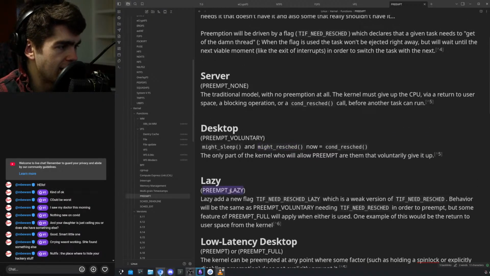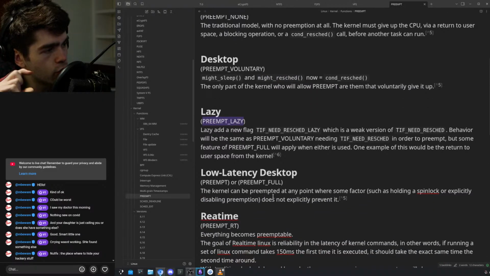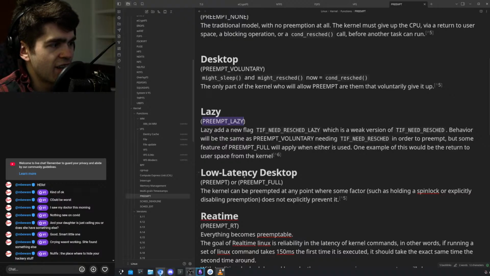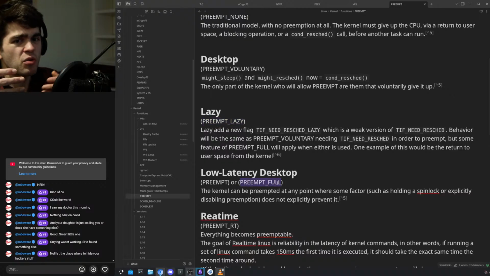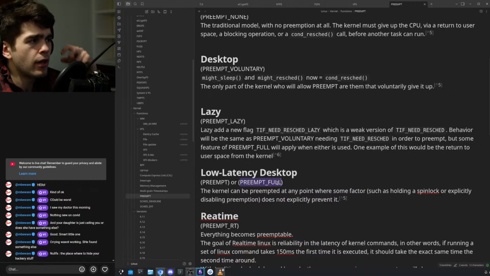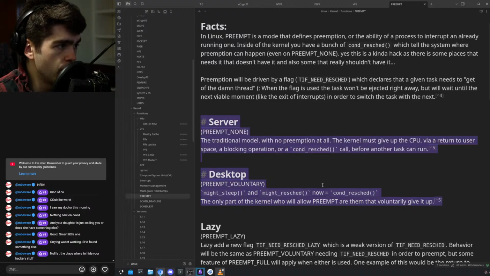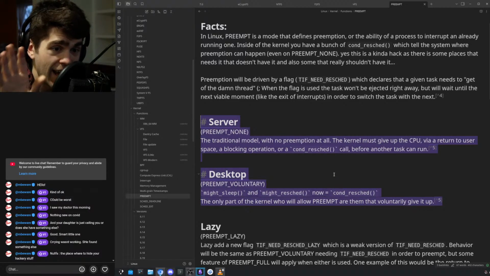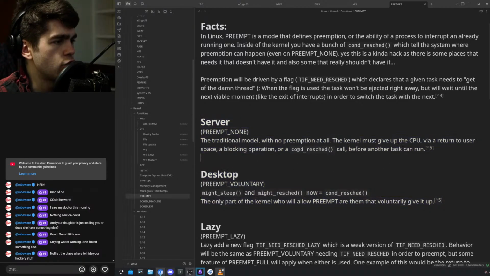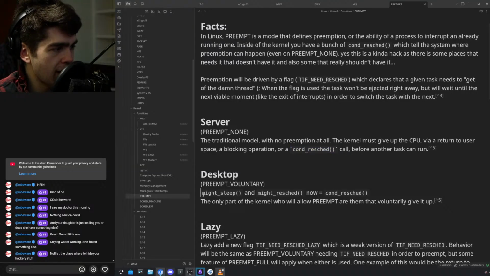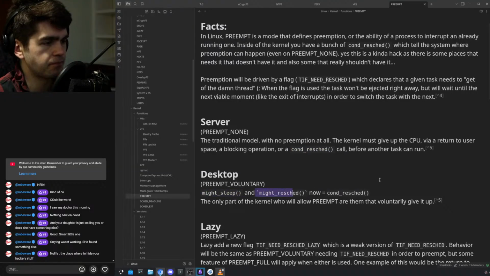So lazy: the idea was we're going to tweak something that's not full preempt, but just pulled back a little bit, where if we do it correctly, we would be able to completely remove these two, and at the end, the goal is to fully remove cond_resched and its subcommands.